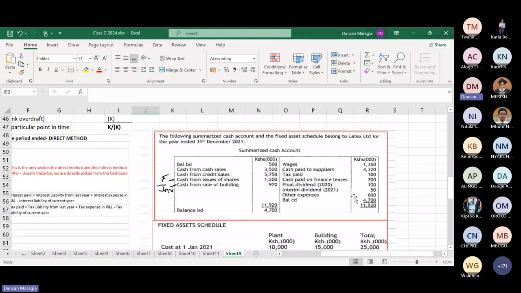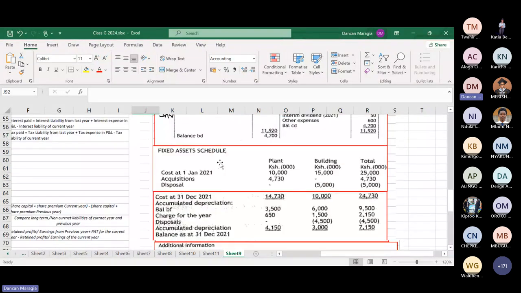You see, the reason I went to the finance lease is because I just wanted to know, was the finance lease payment either an interest or just a principal? Because even though they are non-current assets, the fixed asset schedule will only help us in the indirect method. In the direct method, remember, everything appearing must have appeared in the cash book directly.